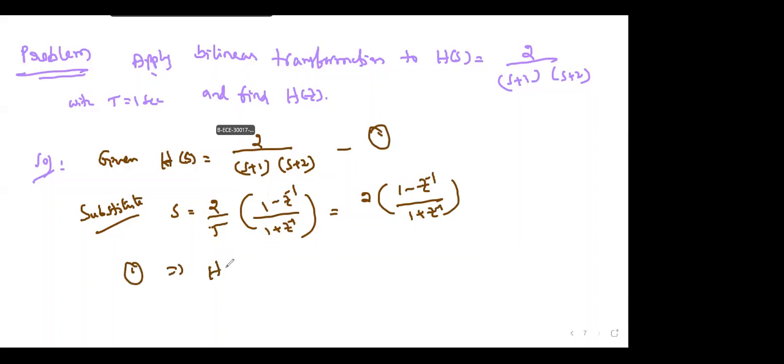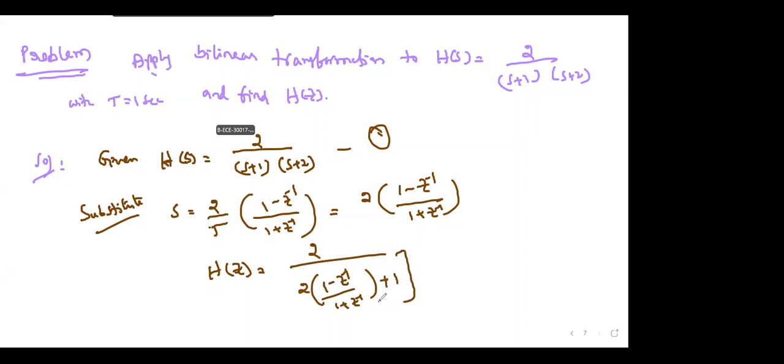Therefore H of z is equal to 2 by [2 into (1 minus z inverse) by (1 plus z inverse) plus 1] for the first term, and the second term is [2 into (1 minus z inverse) by (1 plus z inverse) plus 2].